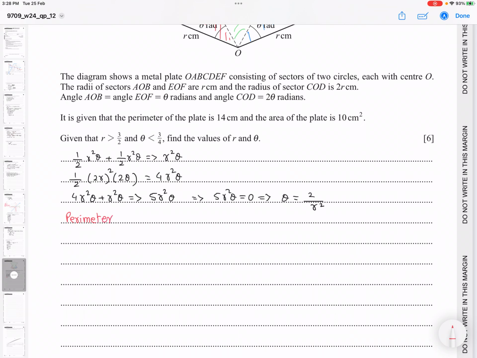My perimeter would be actually OA plus arc AB plus radius BC plus arc length CD plus radius ED plus arc length EF plus radius OF.